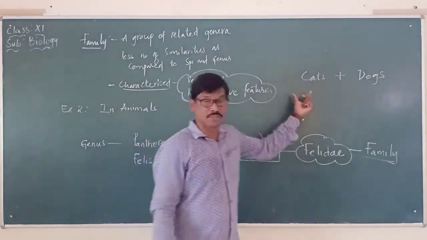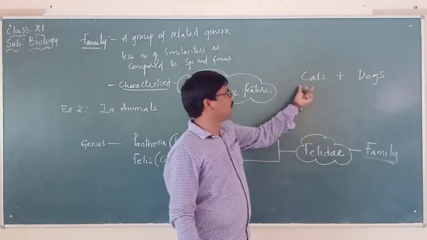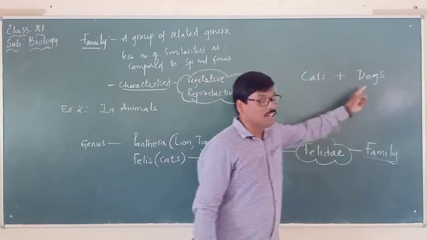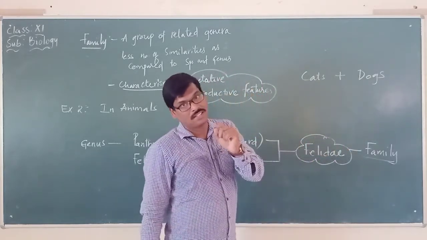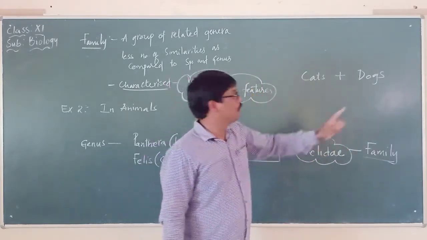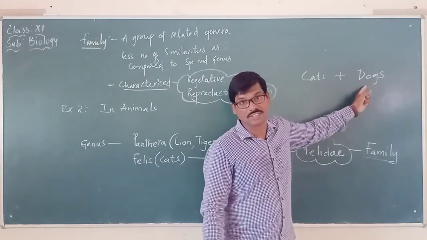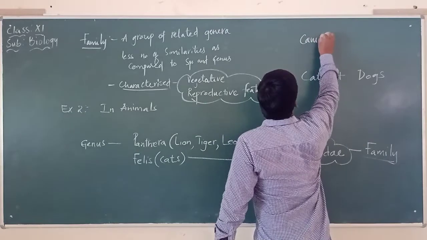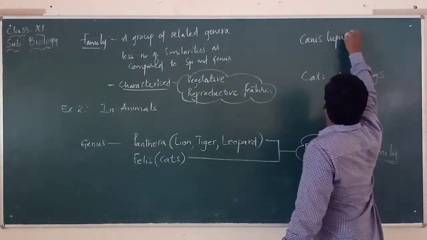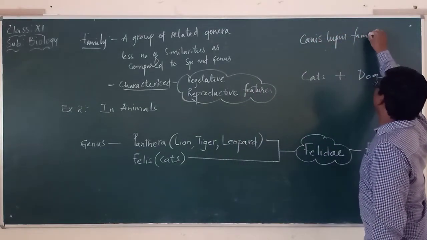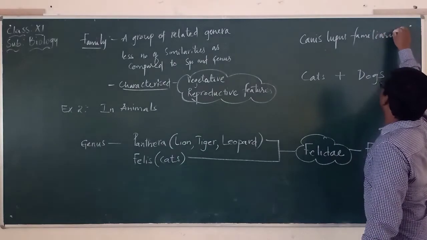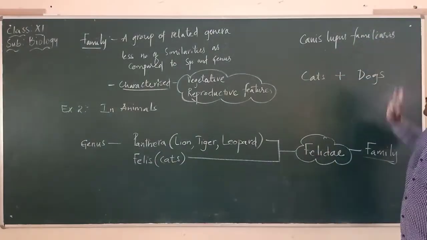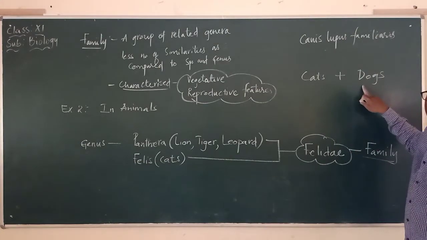As we said, catus is the specific epithet for cats. Here for dogs, the scientific name is Canis lupus familiaris. That is the name of the dogs.